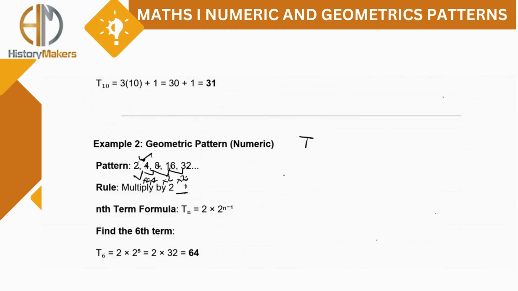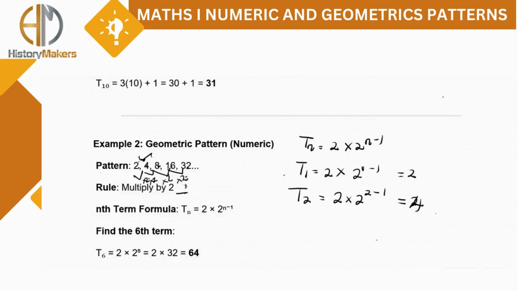So you can confirm if your general term formula is correct by checking term number 1, which equals 2. Term number 2 is supposed to be 4: 2 times 2 to the power of 2 minus 1 equals 4.